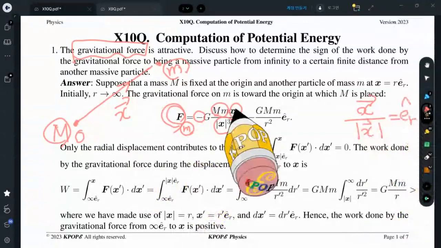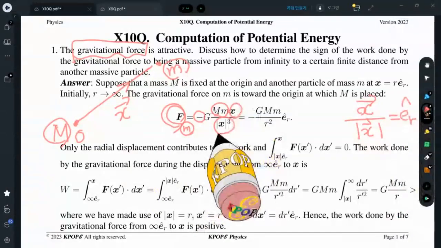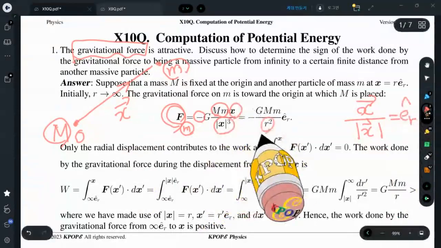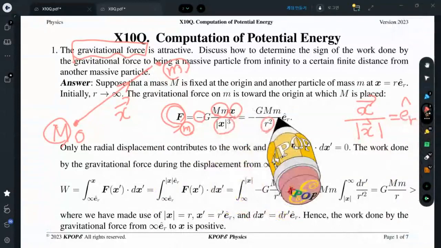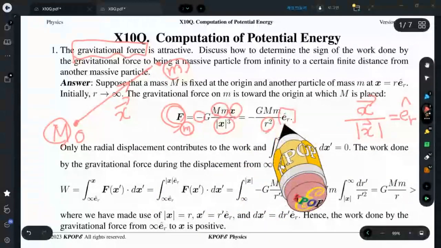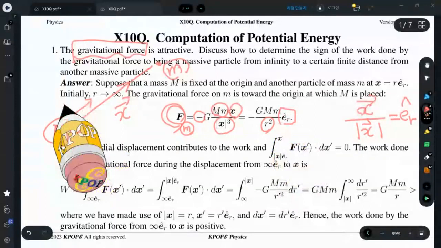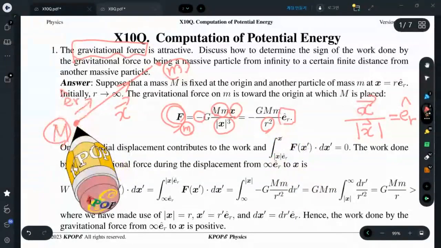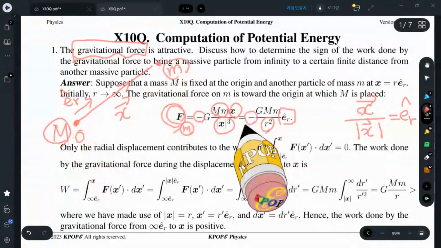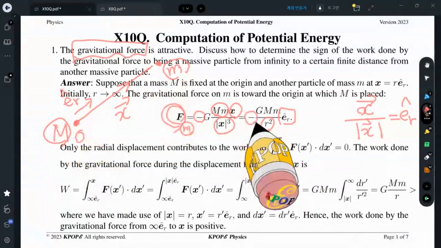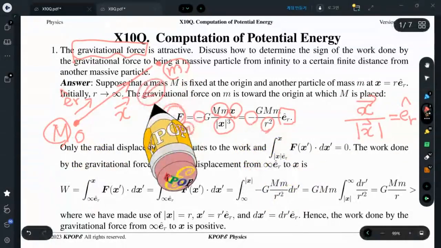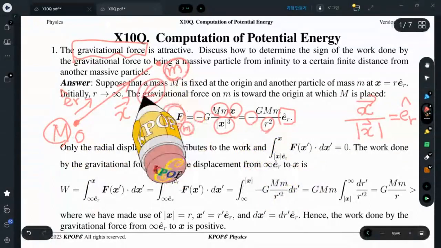Therefore, we have canceled one magnitude r, and we arrive at the vector 1 over r squared, and this unit radial vector represents the unit length, and the direction is from the capital M to the small m. The negative sign indicates that the gravitational force is pulling this small m to capital M. That is the attractive force.